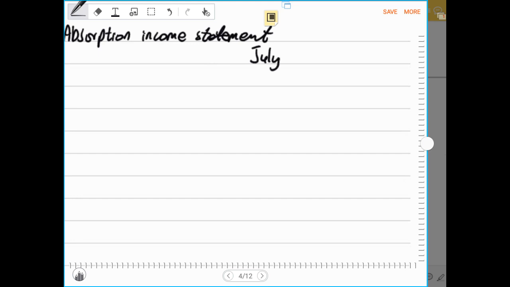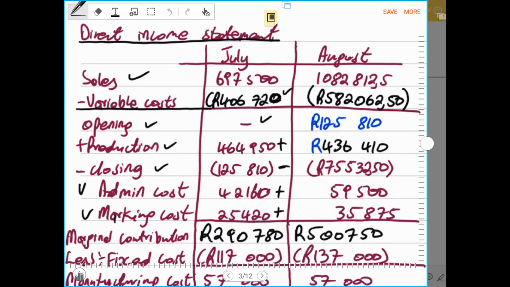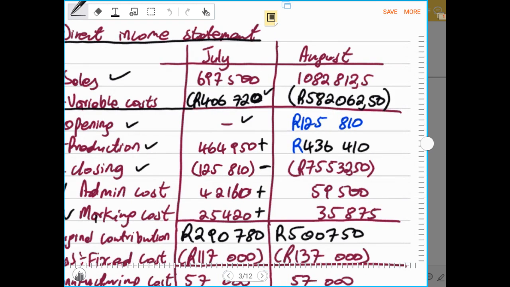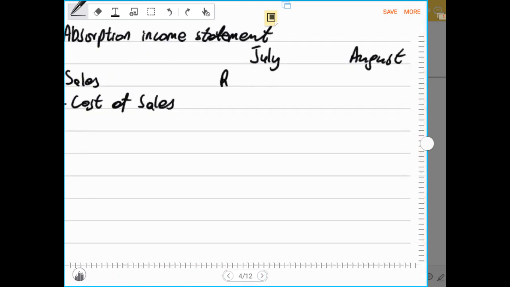We have July and we have the month of August. And we start with our sales, but in this case we say less cost of sales. So now our sales, remember, they will not change, they will remain the same. 697,500 will still be our sales.